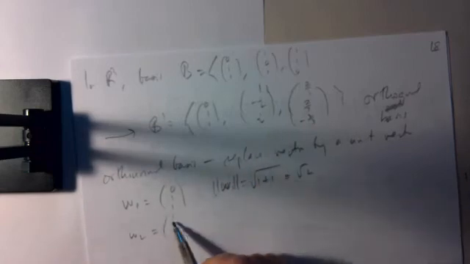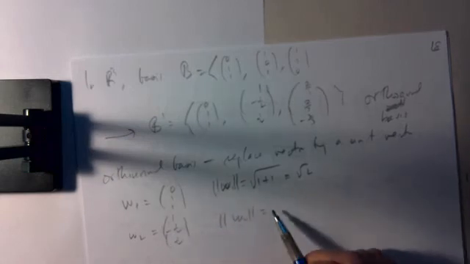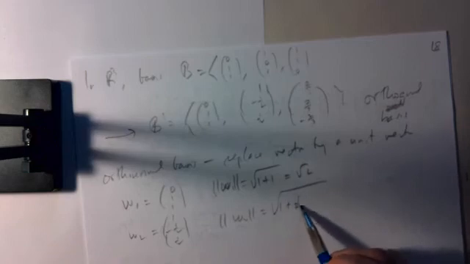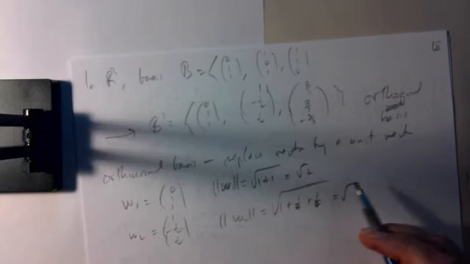W2, 1 minus a half. The length of W2 is the square root of 1 plus a fourth, which is the square root of 3/2.